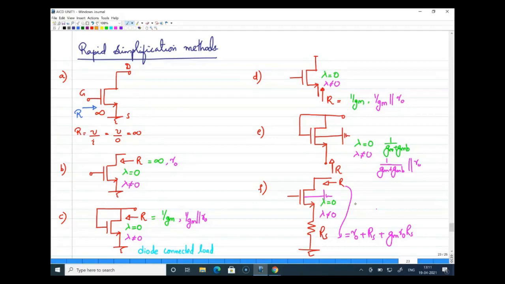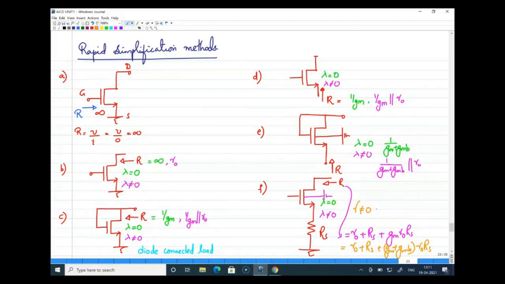If I'm considering the body effect coefficient gamma not equal to 0, then your resistance will be equal to R naught plus RS plus GM plus GMB into R naught into RS. And also when your lambda is equal to 0, R naught becomes infinity and your entire expression becomes infinity.